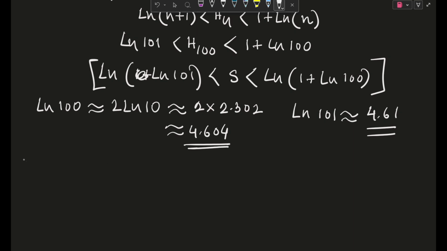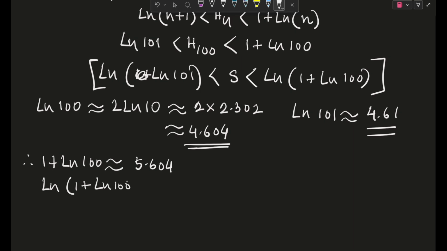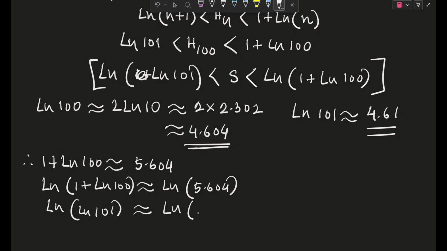So from here, your 1 plus ln 100 approximates to 5.604. And if you want to approximate ln of 1 plus ln 100, then this comes to be ln of 5.604. And in case of ln of 101, it comes out to be ln of 4.61. I hope this was clear.